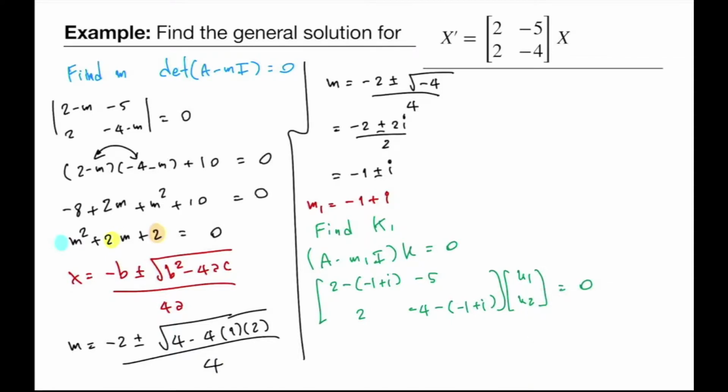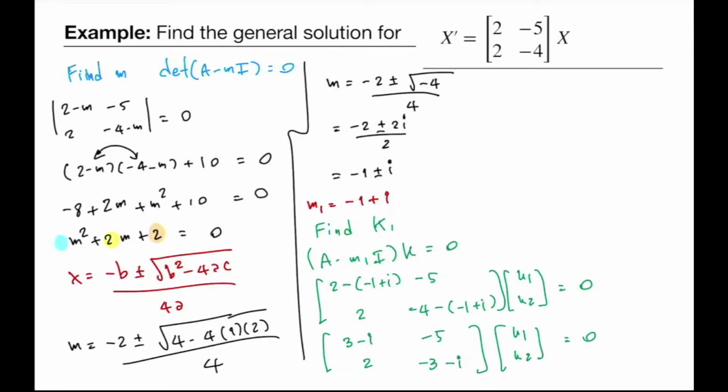Okay, so here is going to be 3 minus i, minus 5, 2, and minus 3 minus i, times k1, k2 equals 0.